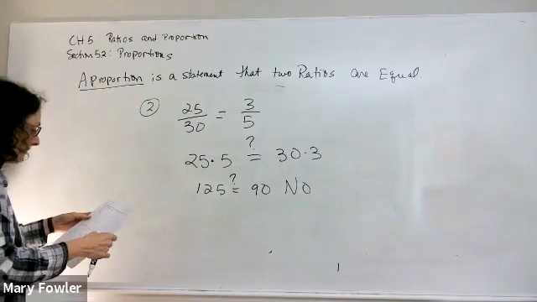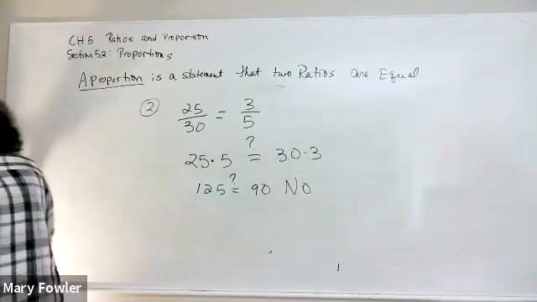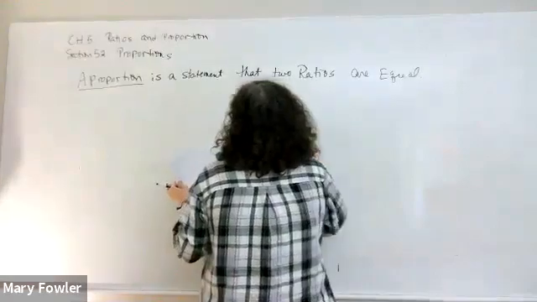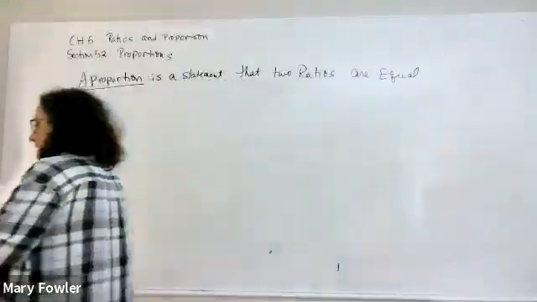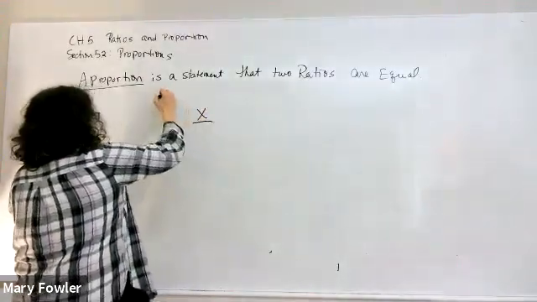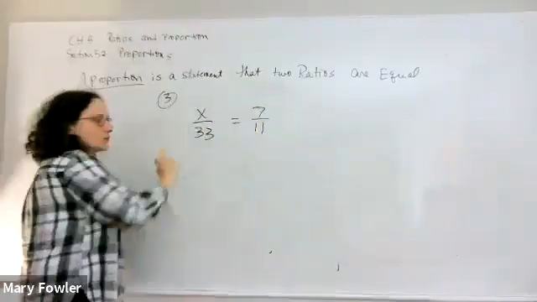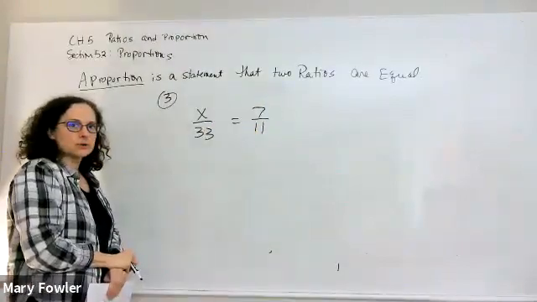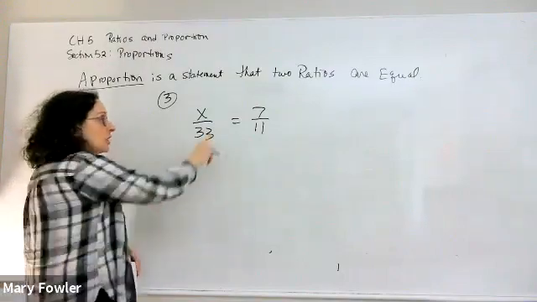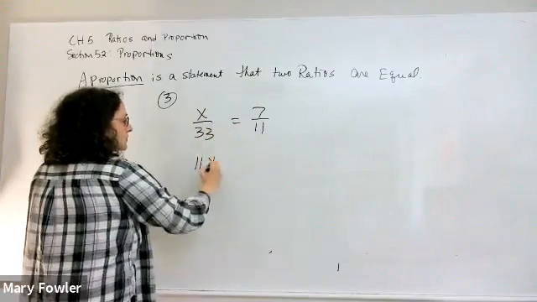Okay. So for number 3, we're asked to solve for x to make the ratios equal. So we're going to solve for x in the proportion x over 33 equals 7 over 11. So find the value of x that turns this statement into a true statement, into a proportion. So we're going to look at the cross product, and we're going to say 11 times x.